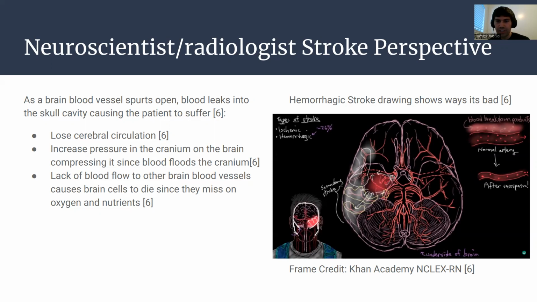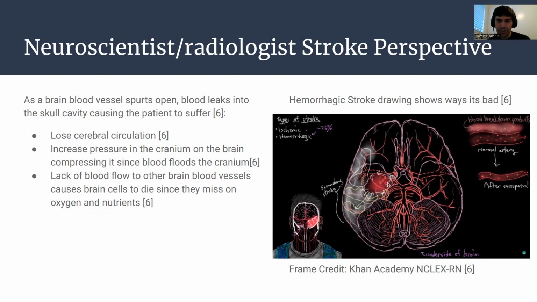So in this region, we have, again, like that simulation earlier, somewhere in the brain's blood vessels, a blood vessel will burst open and blood will leak into the brain, and then lack of blood flow to other blood vessels and other regions of the brain, causing brain cells and neurons to die.